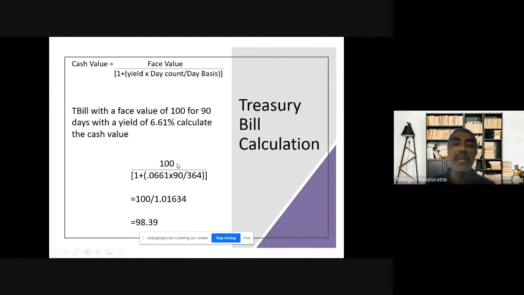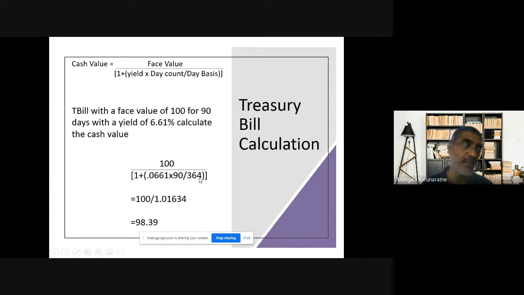So the face value is 100. Now you apply the formula: 1 plus yield. Why did I put 0.0661? Because 6.61 is a percentage, that is 6.61 over 100. When I divide 6.61 by 100, you get 0.0661. The sum says a 90-day treasury bill, and 0.0661 is for 364 days.